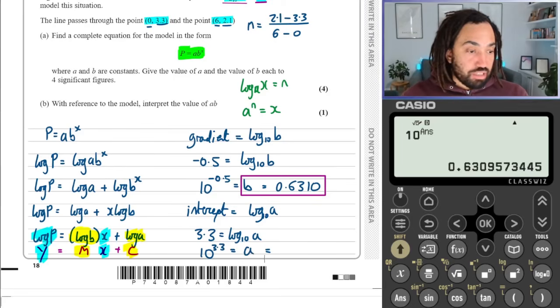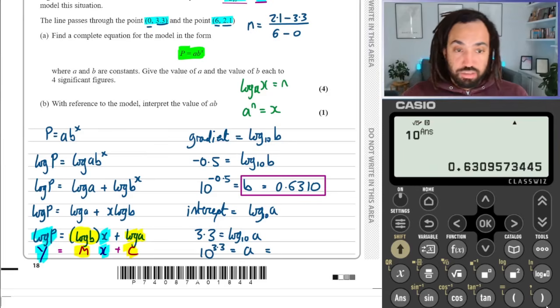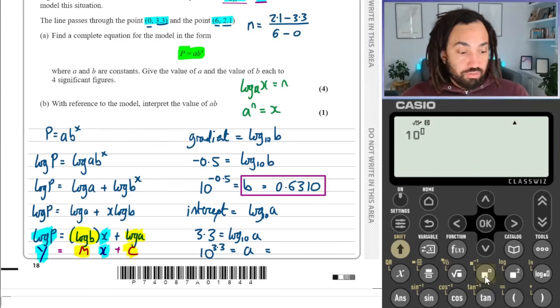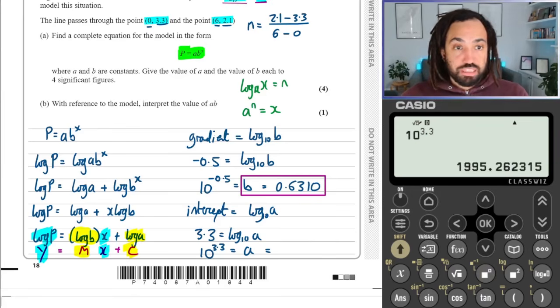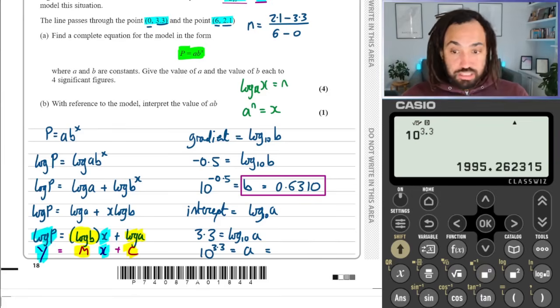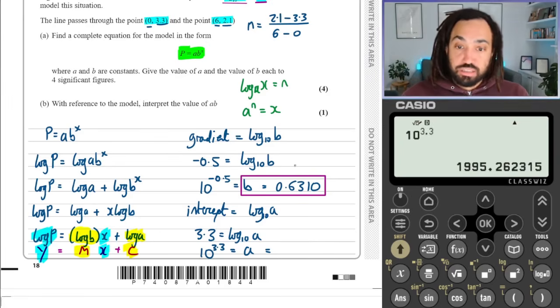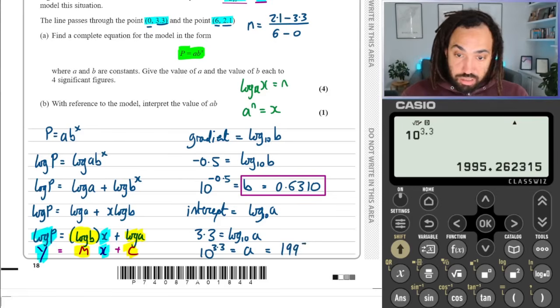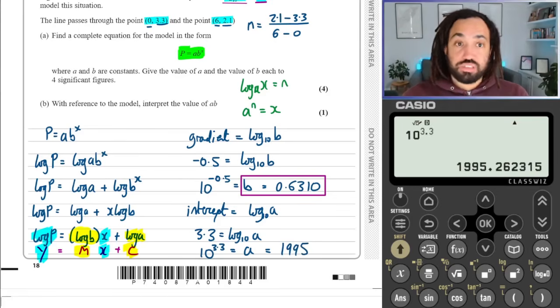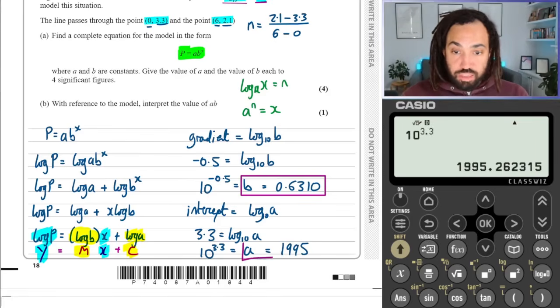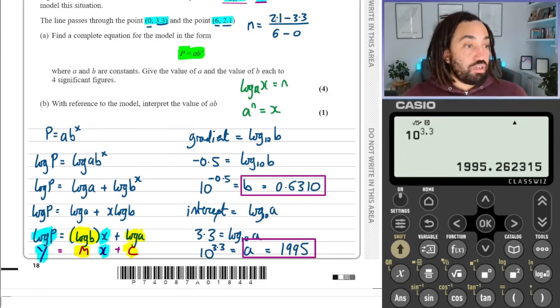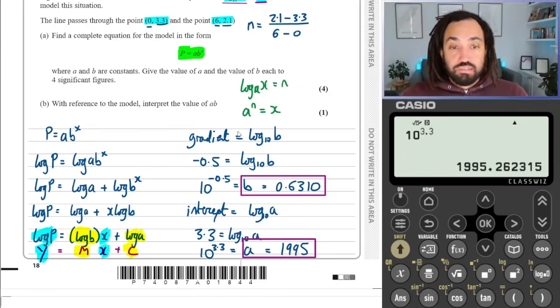So on our calculator we'll do 10 to the power of 3.3, and we will get 1995. Okay, so there we go. That's the 4 significant figures. So that's all good. So box that up, and there are our 2 answers.